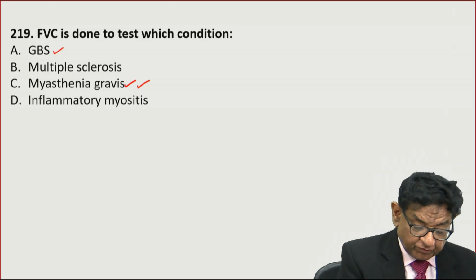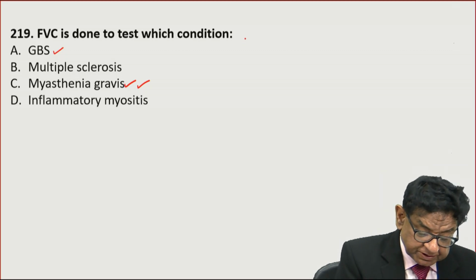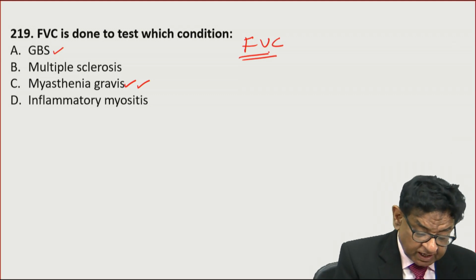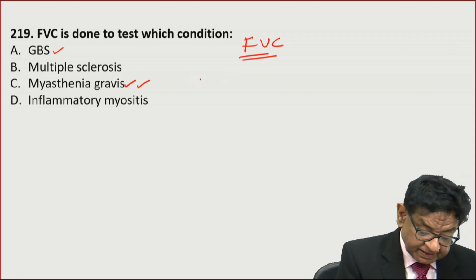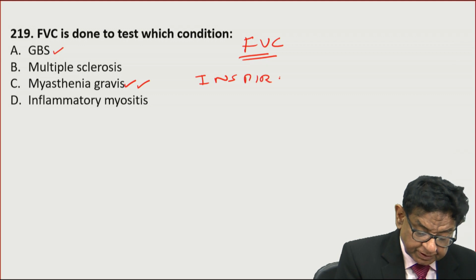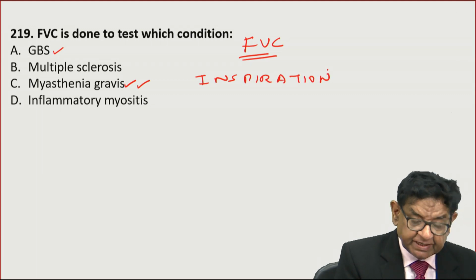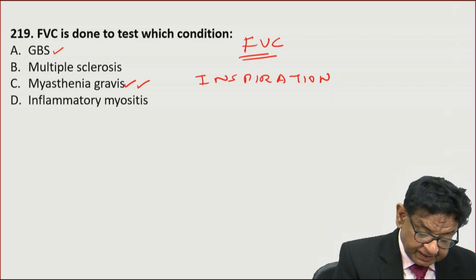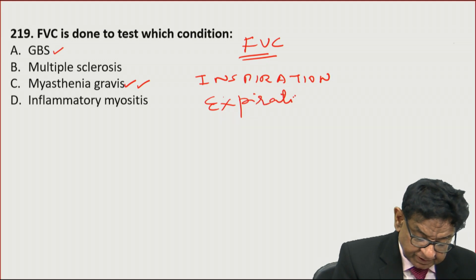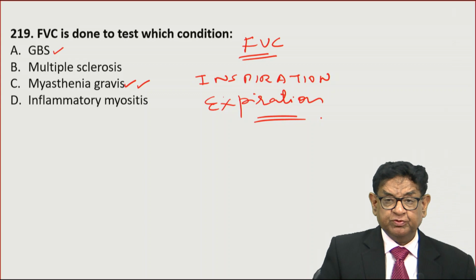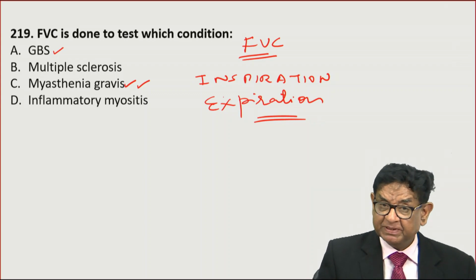First of all, why do we check forced vital capacity in case of myasthenia gravis? This is to know how much strength is there in the respiratory muscle. And we all know very well that inspiration is an active phenomenon and expiration is a passive phenomenon. Right? So now we want to check the muscle strength, especially of the respiratory muscle.